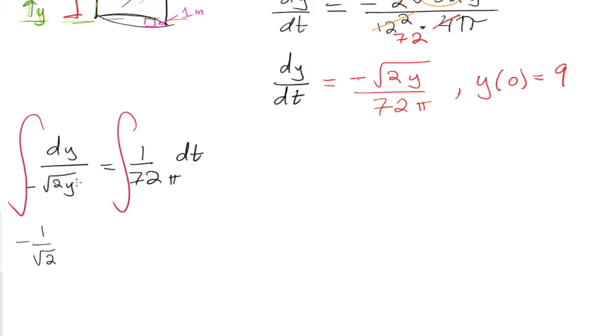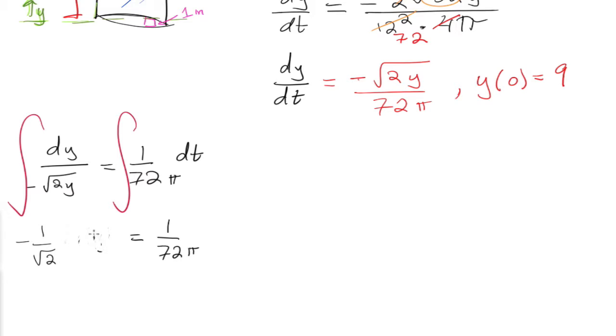And then the antiderivative of the left side is... Is the y under the square root of 2? Oh shoot, yes, sorry, thank you. Yes, the y is under the root.